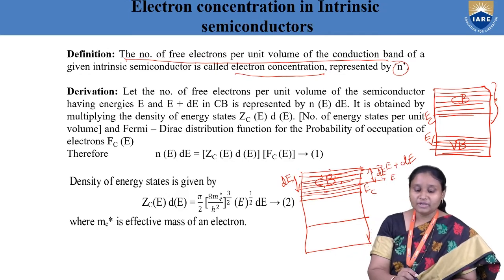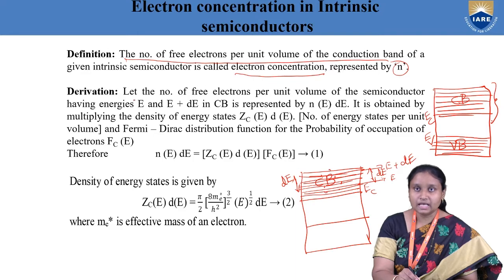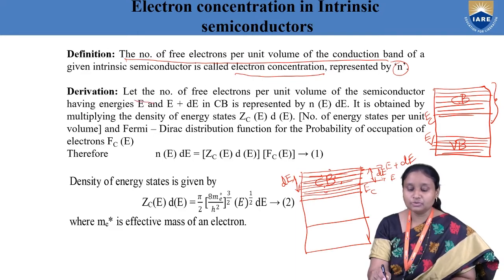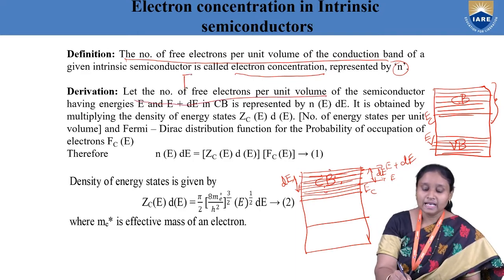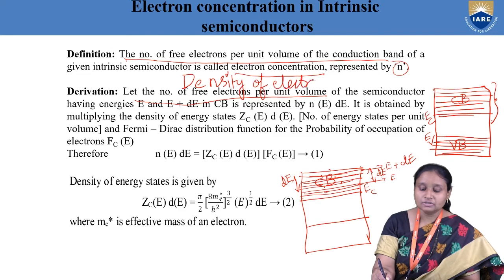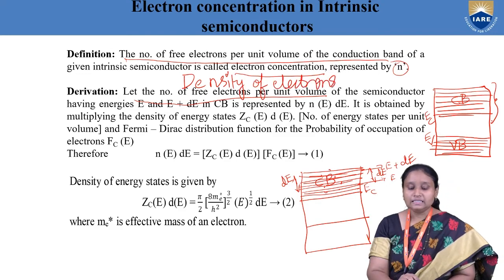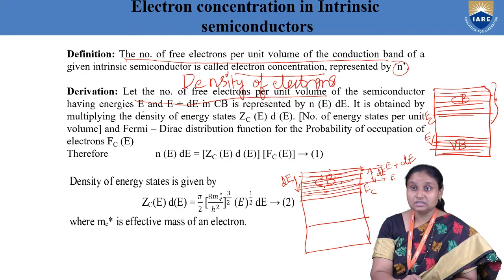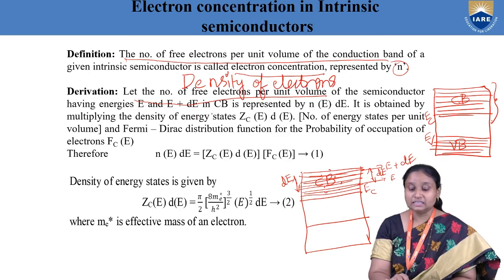So what I have done in my first case, let us suppose the number of free electrons per unit volume. It means that I'm talking about density of electrons. So number of electrons per unit volume is also called density of electrons. So density of electrons in the conduction band in the energy interval E and E plus dE, that is nothing but dn.